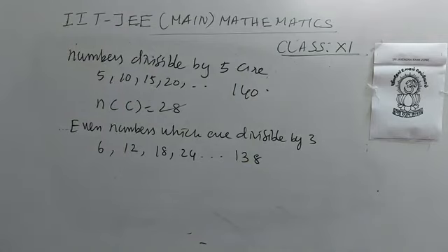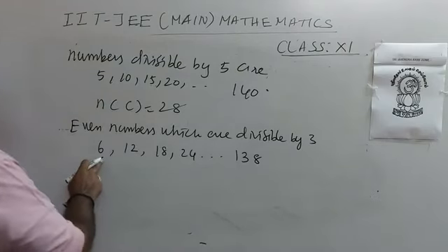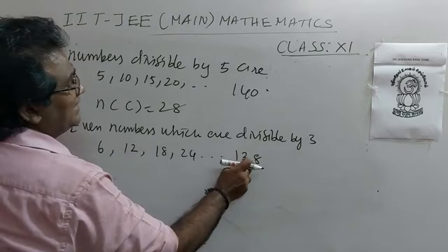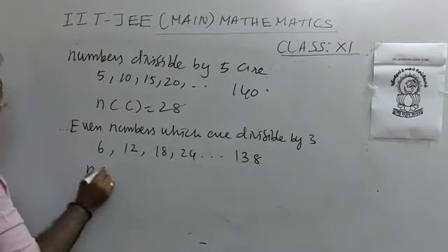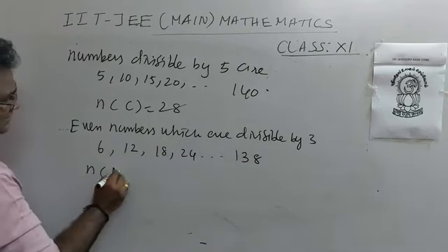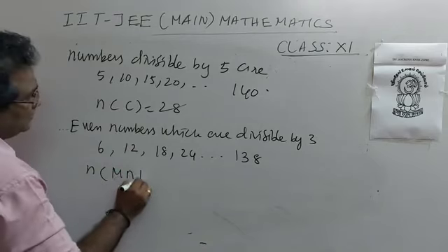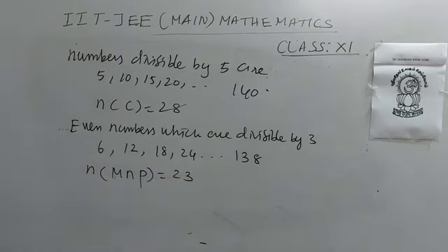We can find 23 numbers, 1 into 6, 2 into 6 is 12, 3 into 6 is 18, like that, 23 into 6 is 138. So n of M intersection physics is 23.